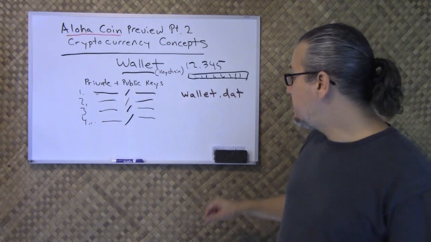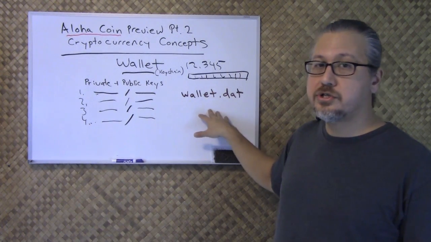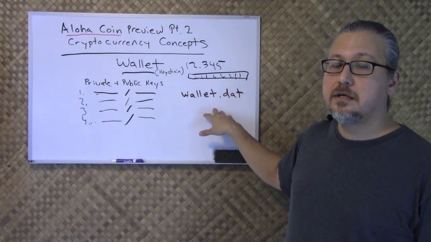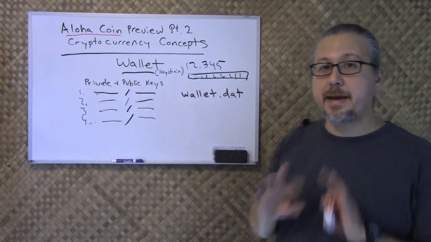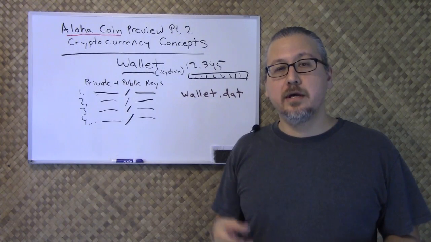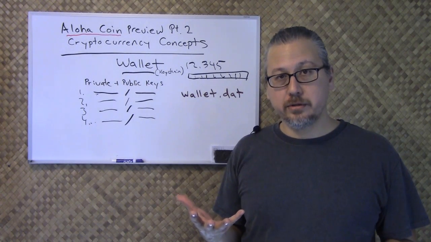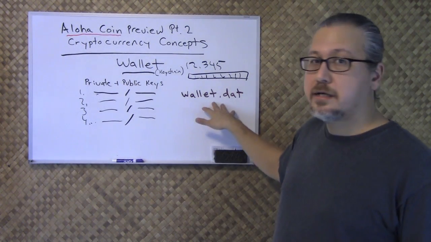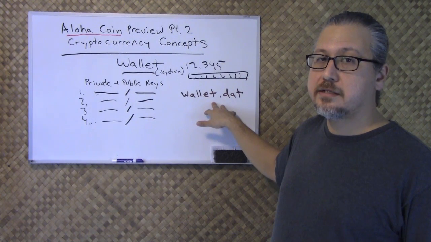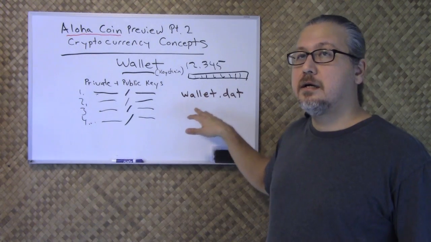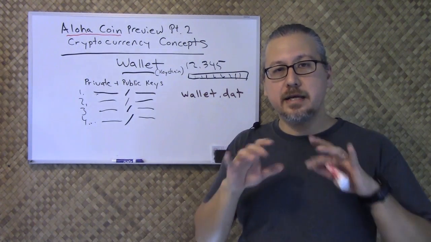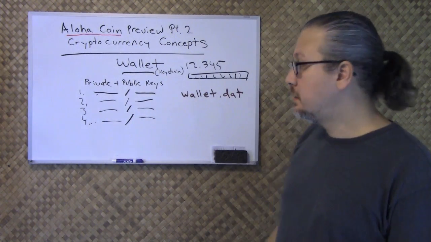It's not that easy to do, but it's possible. Usually you back up your file somewhere, like any other backups, and you want to put a passphrase on it, like a password that you're going to remember. That means even if someone gets a copy of your wallet, they cannot spend it unless they put in the passphrase.